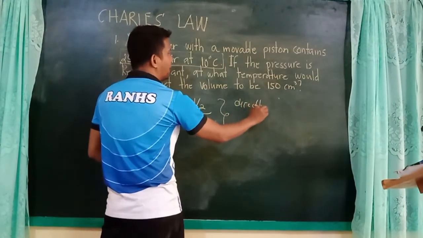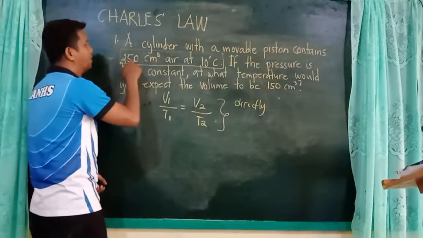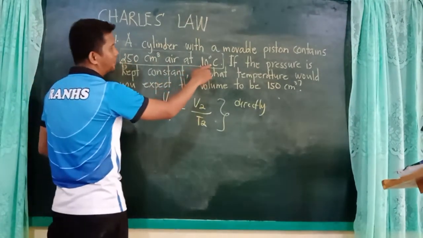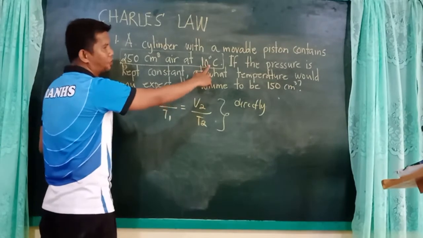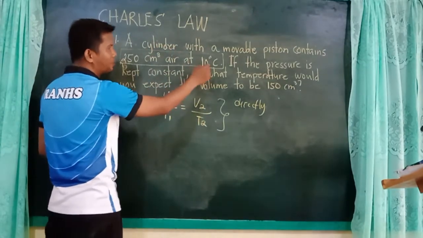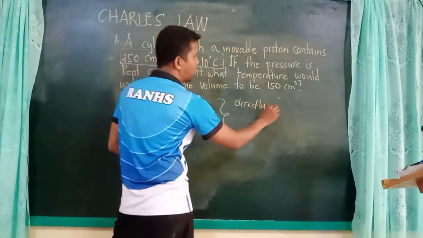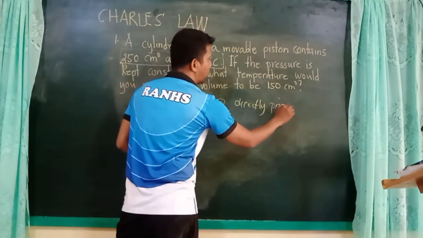For every volume that's going up, the temperature will also move up. For every temperature that moves down, our volume will also move down. That's what we call directly proportional.